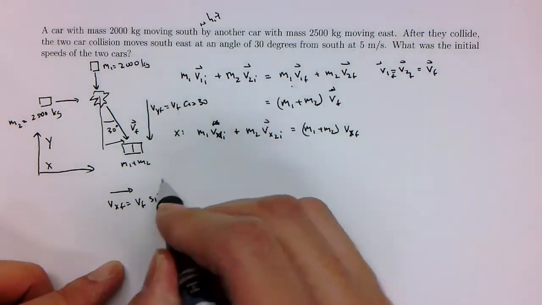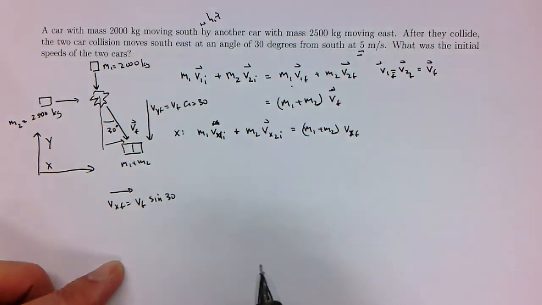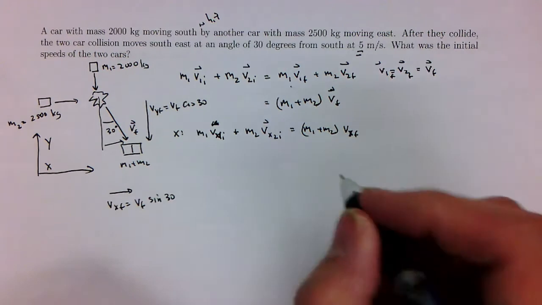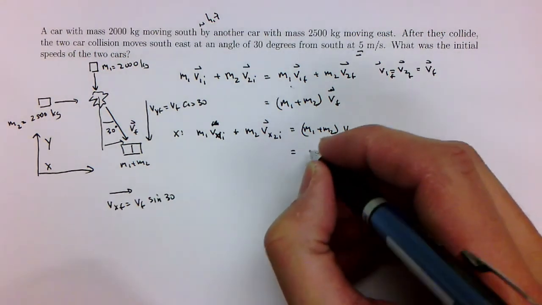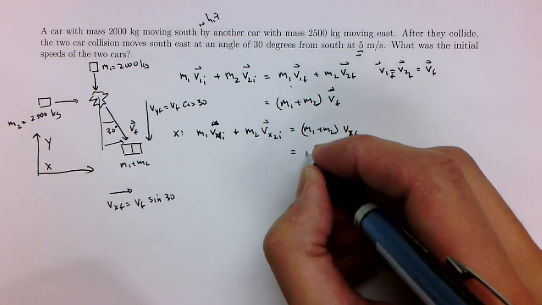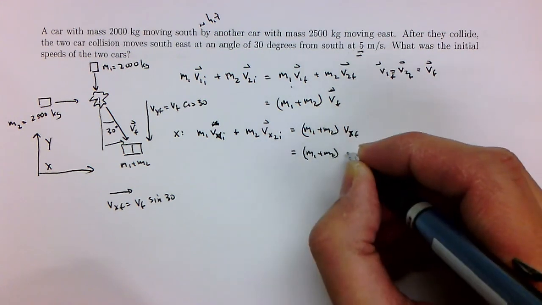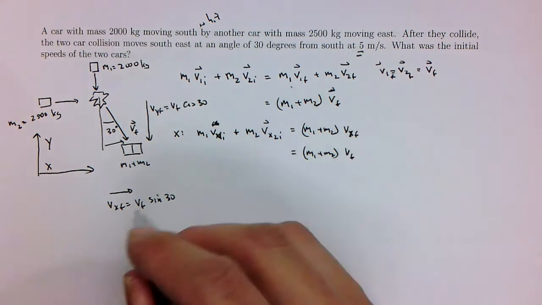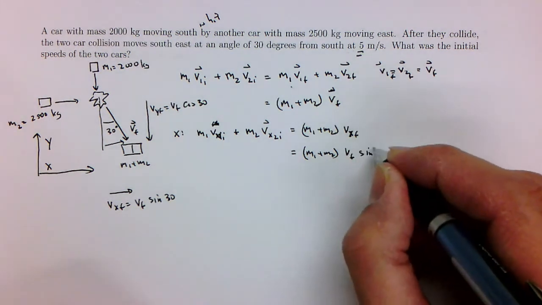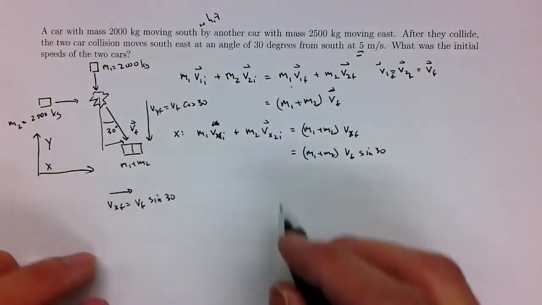And we know what Vf is: Vf is given right here, 5 meters per second. So this is going to be equal to M1 plus M2 times Vf sine of 30.